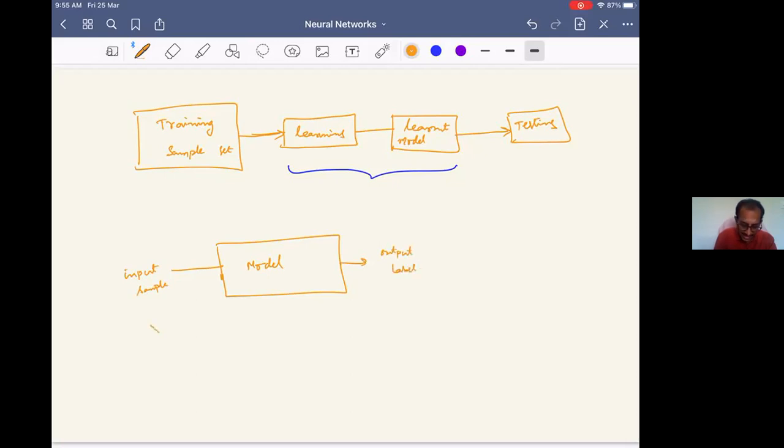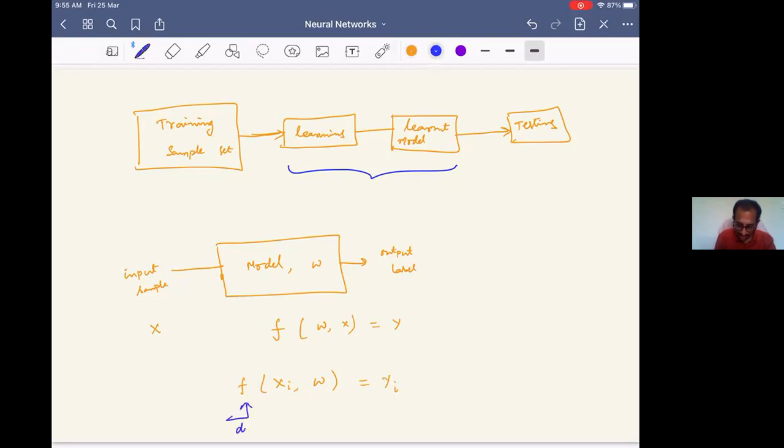Say I consider X as the input sample, and some F as the model having parameters W. So W comma X are the inputs to this F, and I am expecting this to be Y. In some sense, it identifies for each Xi what the corresponding Yi is. That is the function I am trying to learn. So this is the learning function.